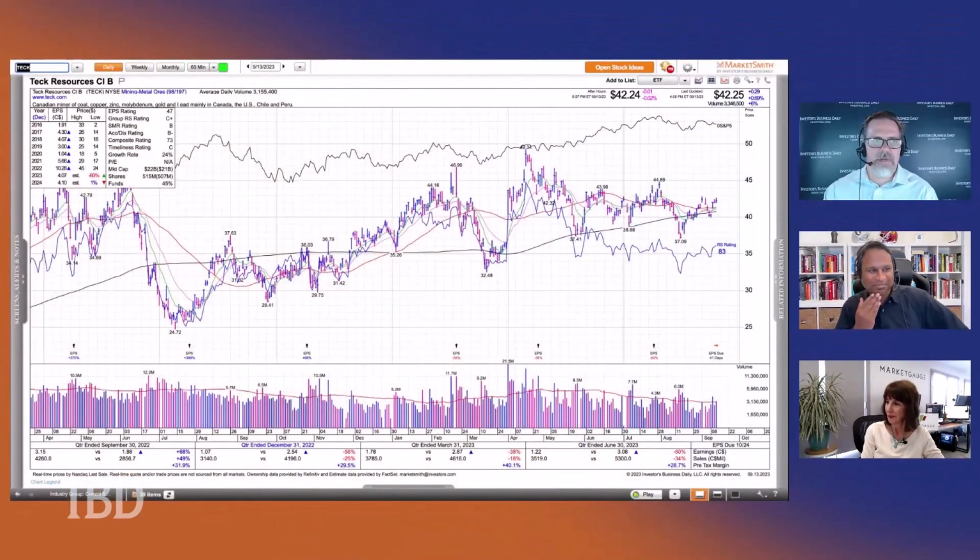But let's get into some of the individual stocks that are maybe coming up on your radar. Why don't we start with TECK? This is kind of in the commodity space. It has a little bit of coal, a little bit of copper, a little bit of zinc, and molybdenum.